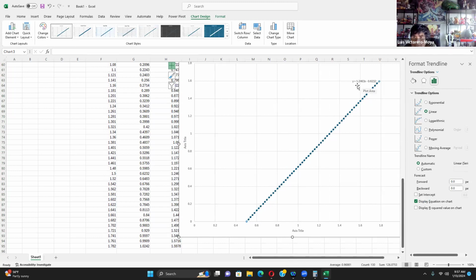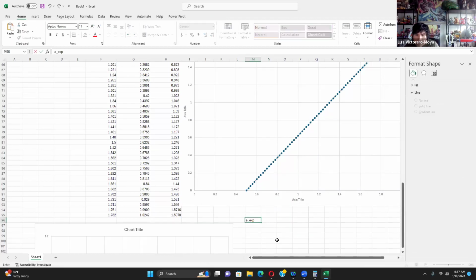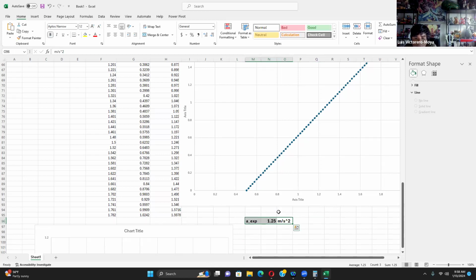And look, we get 1.246, 1.25 meters per second squared. That is the acceleration, because velocity over time is acceleration. So you want to write here that the experimental acceleration is 1.25 meters per second squared. All right, that's what you want to write here.